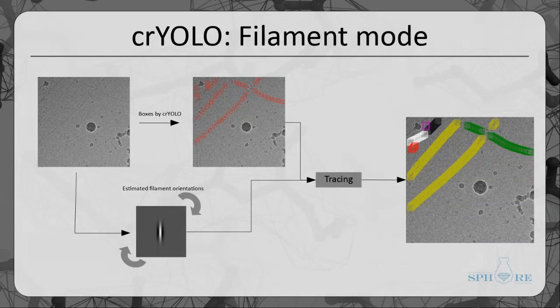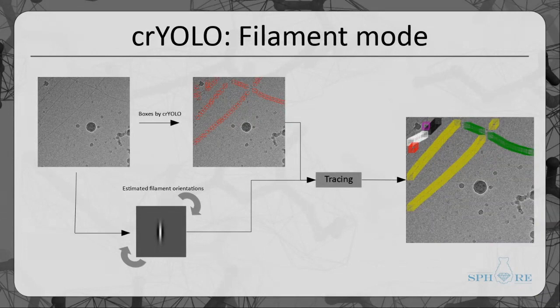You can create the box file that you need with the e2helixboxer. Then you start, and what you get are these red boxes here. These red boxes are then used as support points for tracing the filaments. And therefore, I'm using a mask shown here in the lower part of the presentation.